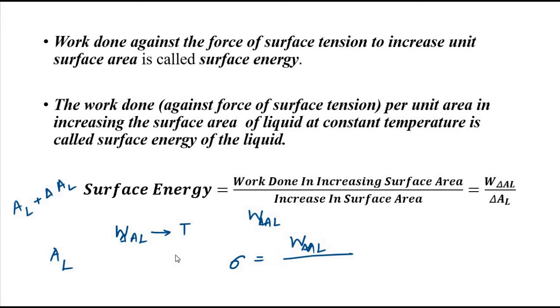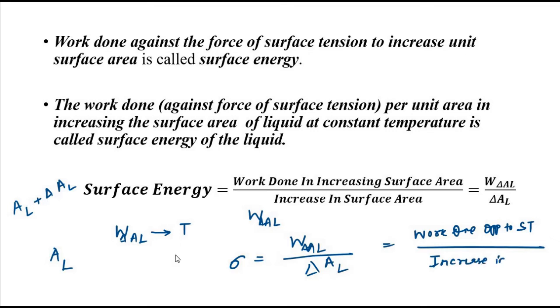So the ratio between the work done opposite to surface tension and the increase in surface area is called surface energy. It is expressed by the symbol sigma. That is surface energy.